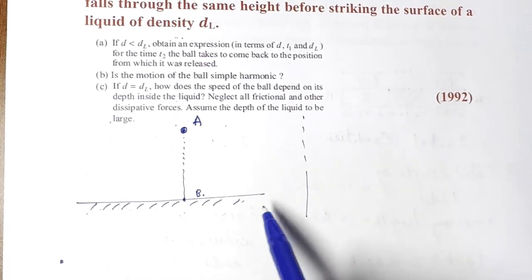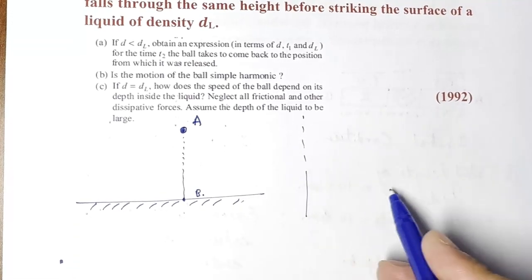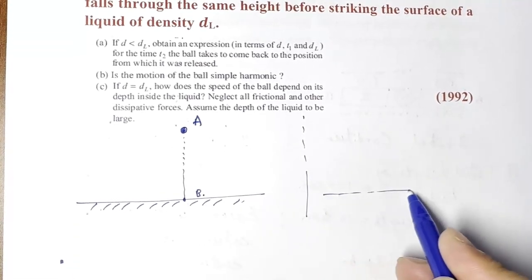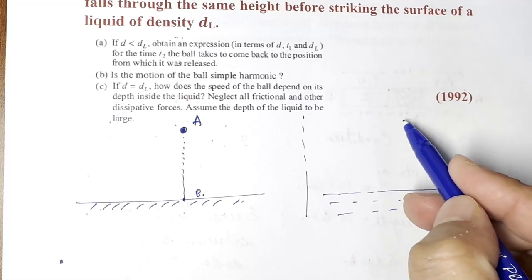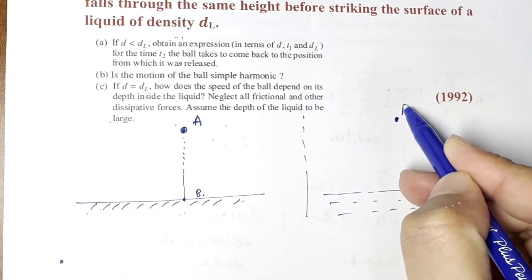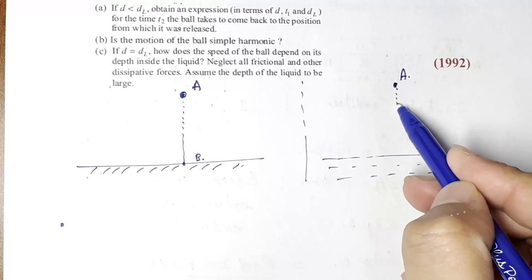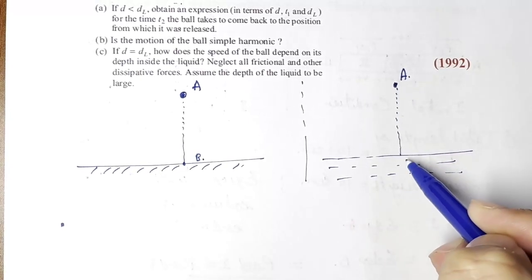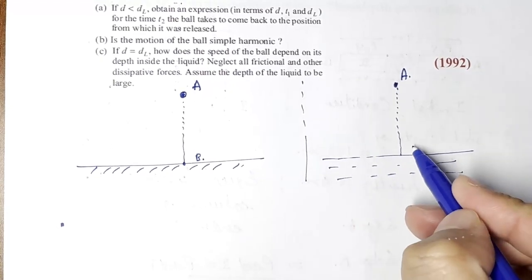In the second case, instead of this solid surface, there is a liquid. So let us consider this is the liquid, and it is dropped from the same height, A. It is going to strike this liquid surface, and let us call this liquid surface point B prime.